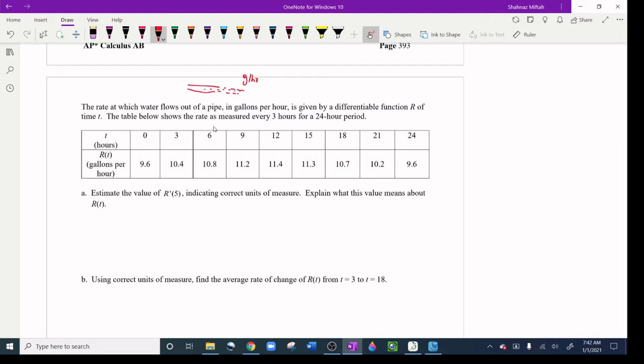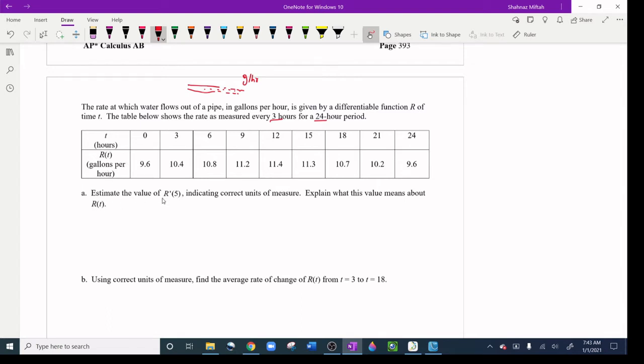Is given by differentiable function R. The table below shows the rate as measured every 3 hours for a 24-hour period. So this is every 3 hours for 24, and this is R of t, the water is flowing out, gallons per hour.